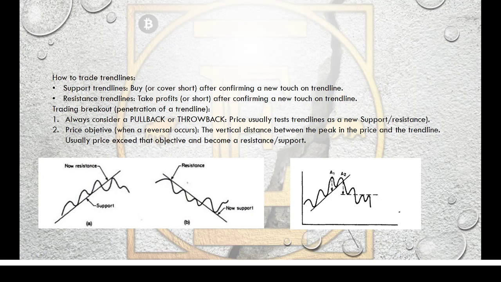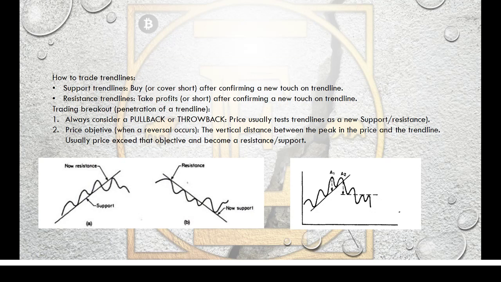If you look at figure A, you need to buy every time a support is confirmed on the trend line. And for resistance, you take profits or enter a short position. Better to short after confirming a new touch on the trend line. It's the same but the opposite.